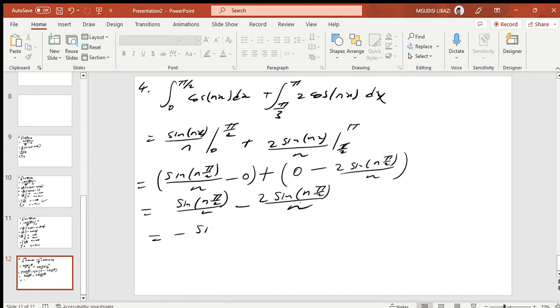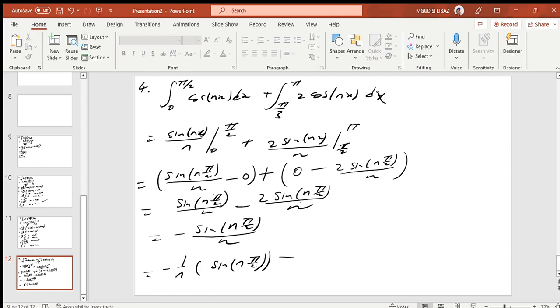We'll get negative 1 minus 2, which is negative 1, sine n pi over 2, and then we divide by n. So next we can say negative 1 over n, into sine of n pi over 2.